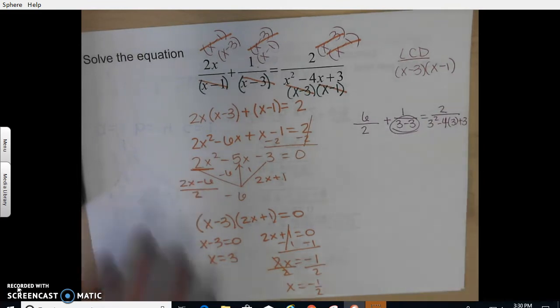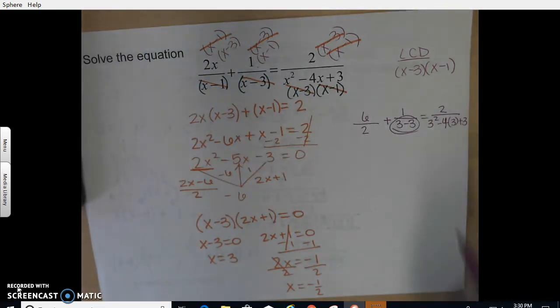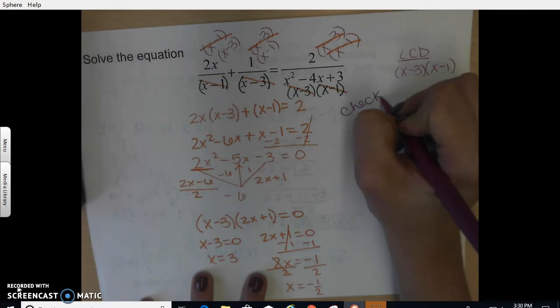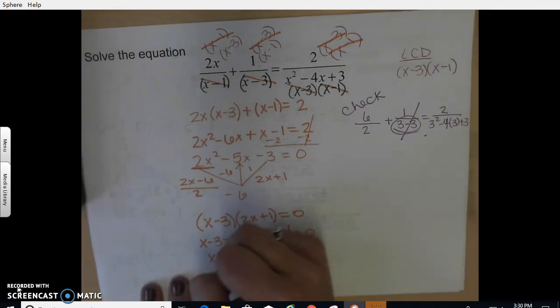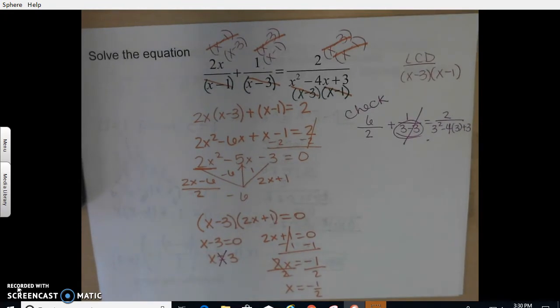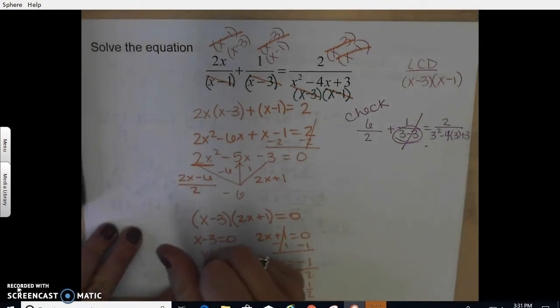What is going to happen if we have a 3 minus 3? That means I'm going to divide by 0, which is undefined, so I can't do this. Therefore this is not a solution. And if this is not a solution, this is called extraneous.